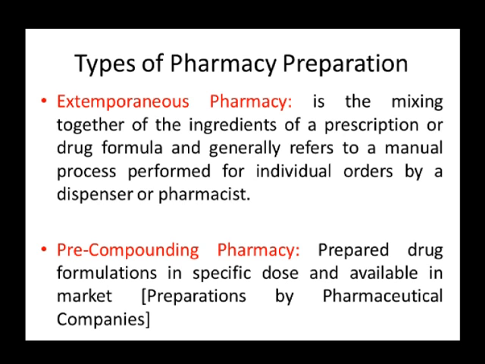For example, capsule amoxicillin, tablet ciprofloxacin, tablet paracetamol. These things are not prepared by the pharmacist. These are prepared by the pharmaceutical industries, so they are pre-compounded before they reach the patients and the doctors. So these are called pre-compounding pharmacies. That is what is usually happening across the globe.